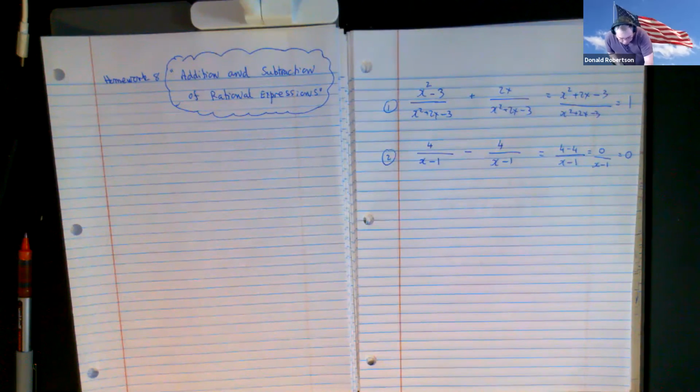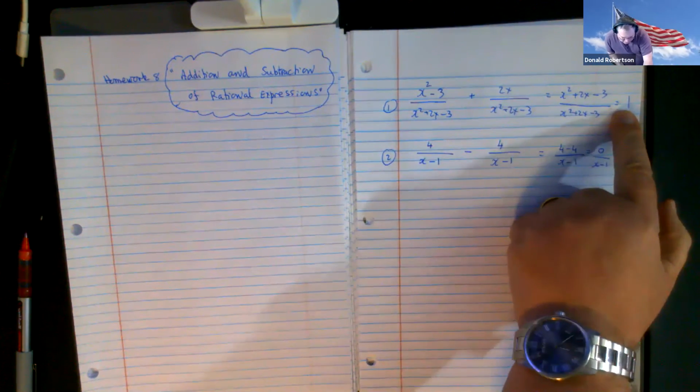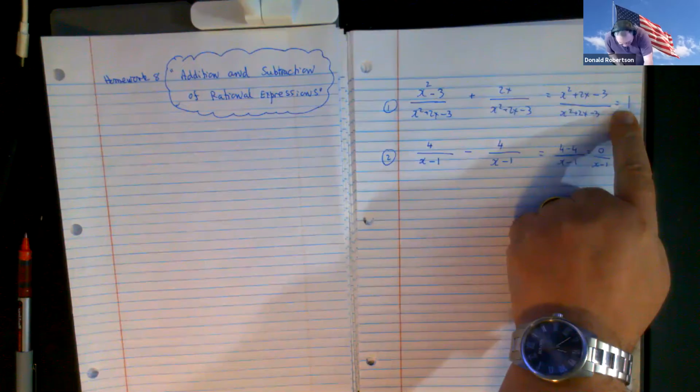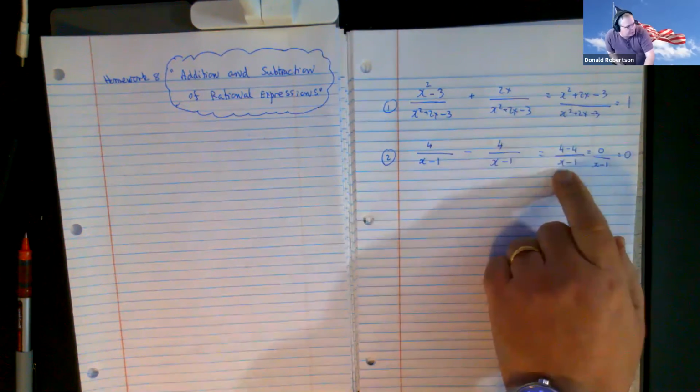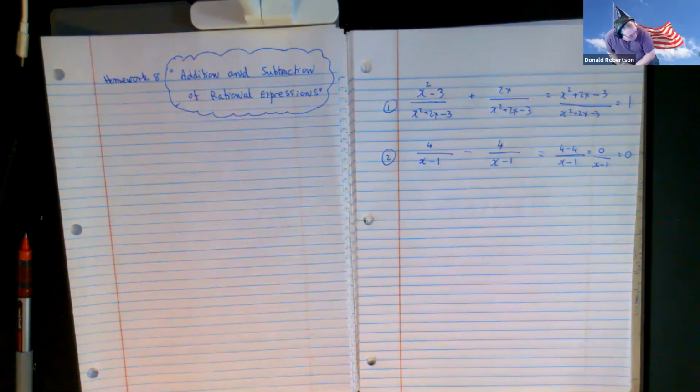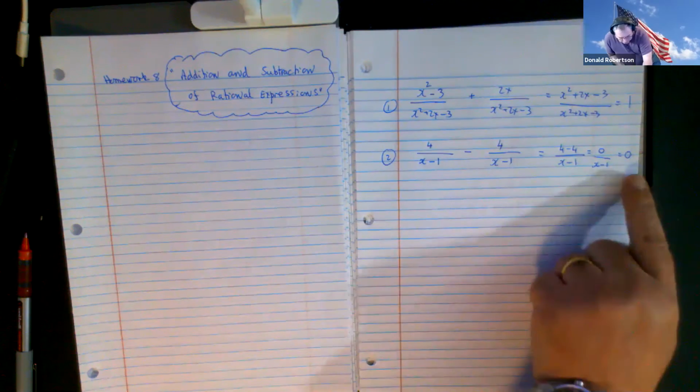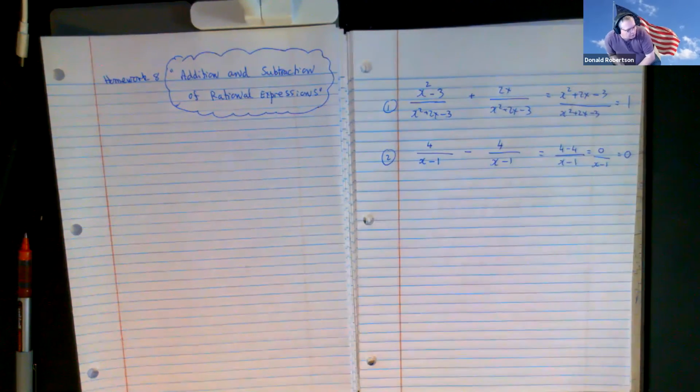Now, you probably won't come across, because there aren't that many questions in the homework where the answer ends up being a 1, or it might end up being a 0. But I think it's worth showing you that those are possible, because you never know what you're going to see in the future. Adding 2 fractions or subtracting 2 fractions can be all sorts of different answers, can't they? Sometimes you just get an ugly fraction. Sometimes it simplifies into a really nice fraction. And sometimes you get 0, and sometimes you get 1.